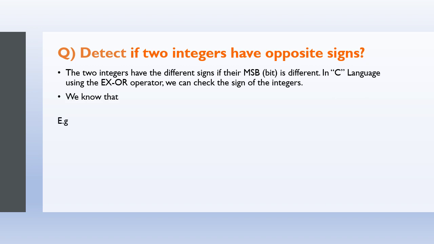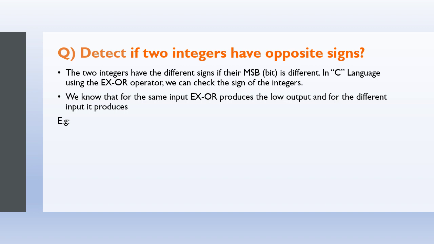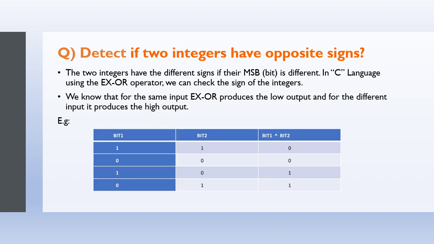If it is 0 0, it will produce 0, and if it is 1 0, it will produce 1, and if it is 0 1, it will produce 1. Exactly like this in the table. So I repeat, the same input produces low output, that is 0, and different input produces high.